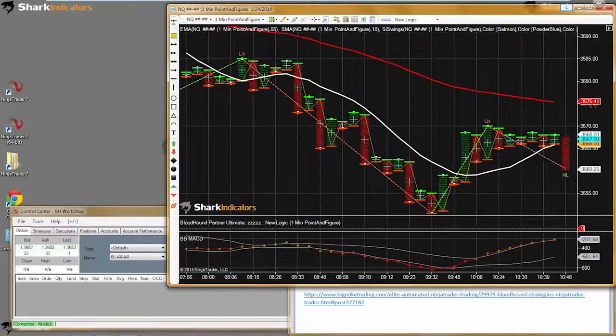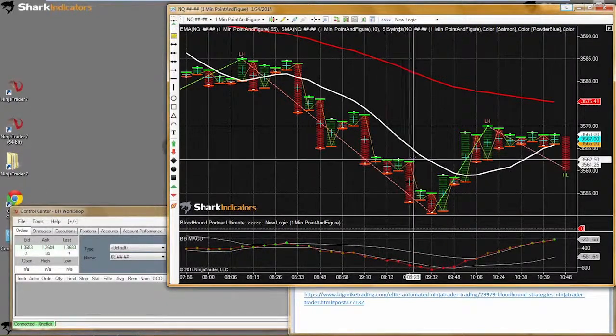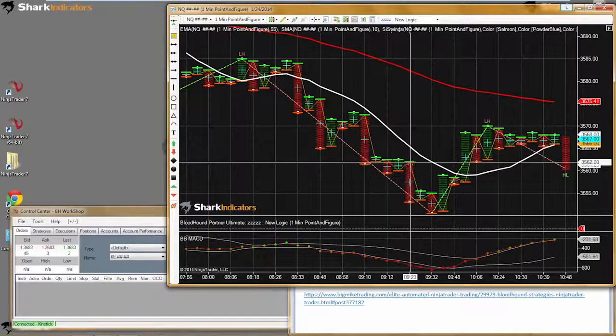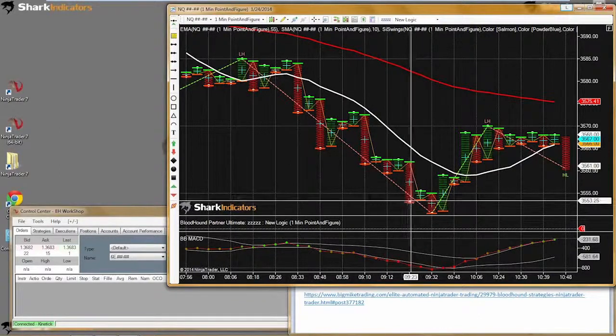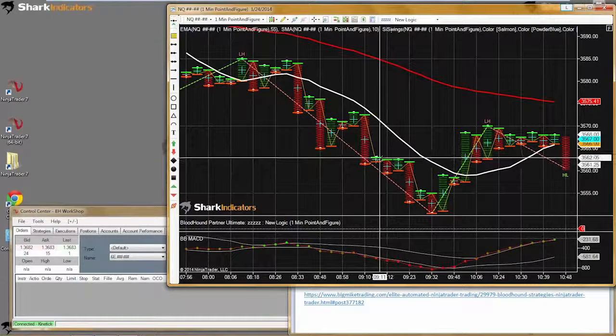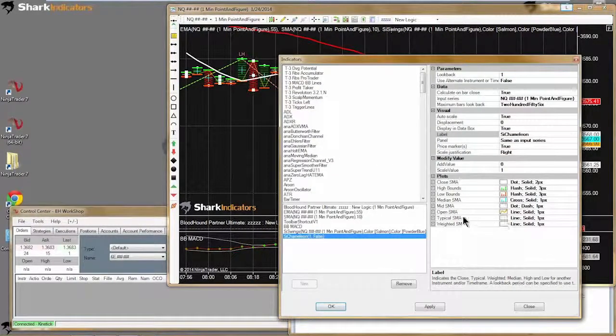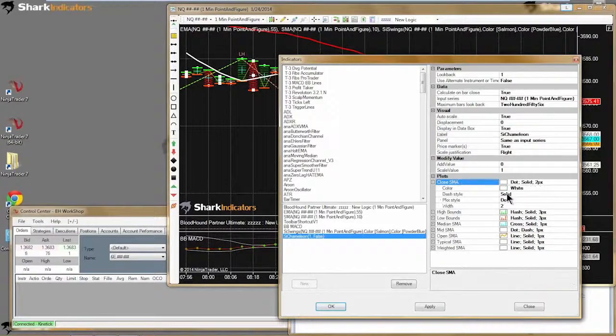So we can see here that Chameleon is finding, right, the green hash line represents the high, the red one represents the low, and you can see a little white dot. Hopefully you can see a little white dot. Maybe I should make that a little bigger. That's representing the closing price.